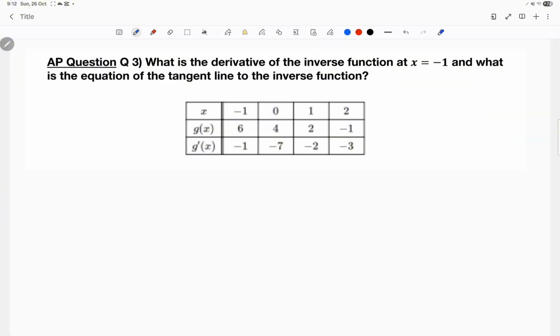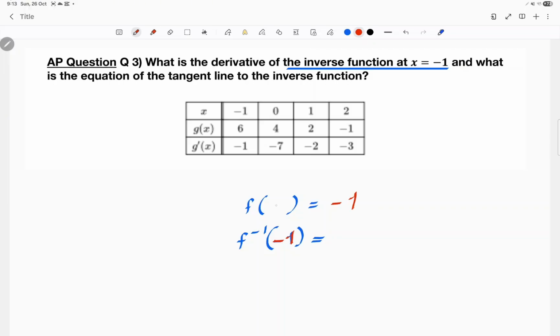Okay. For question 3, it says, what's the derivative of the inverse function at x of negative 1? So look, they're asking us to talk about the inverse function at -1. Now, first of all, we have to know our function. So, if we have a -1 in here, that means we have to have a -1 in here.